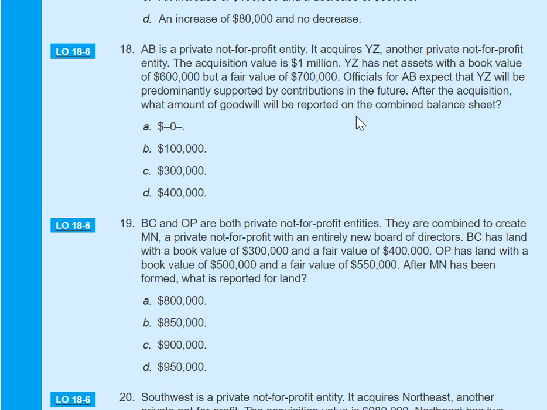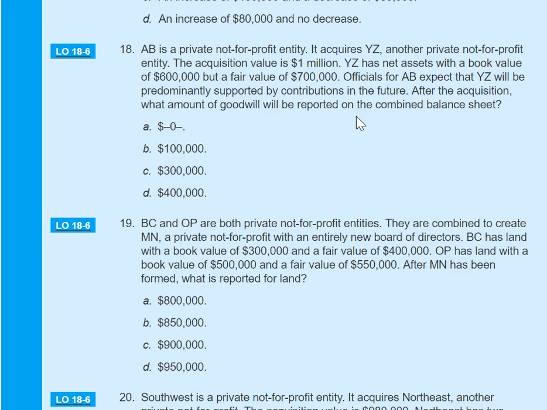If they see that their future earnings will be supported by contributions and donations, then they cannot record the goodwill, because this is one sort of uncertainty.